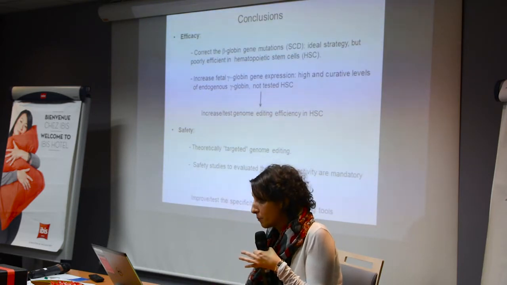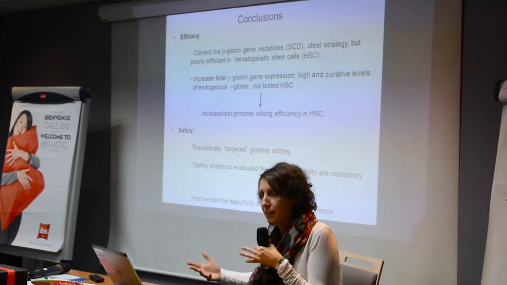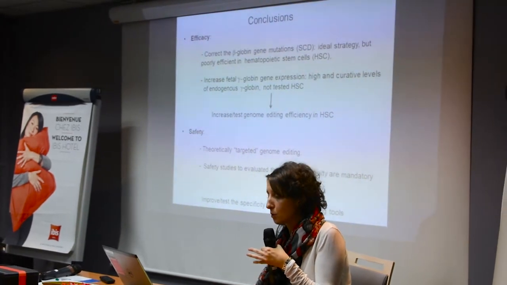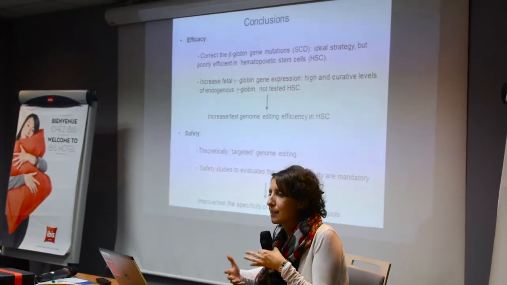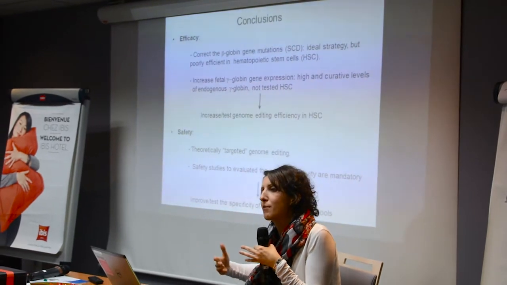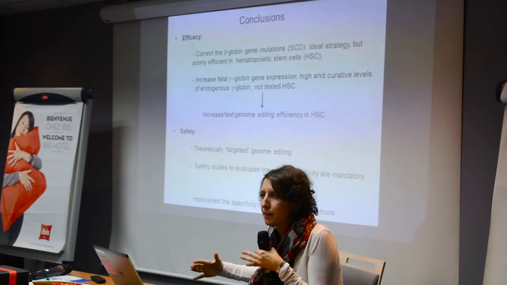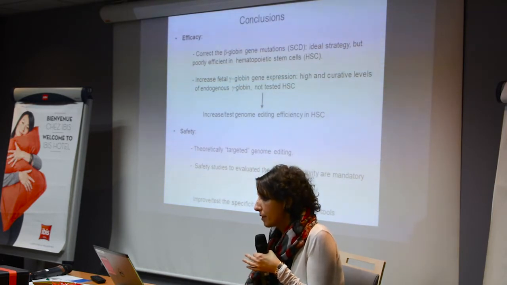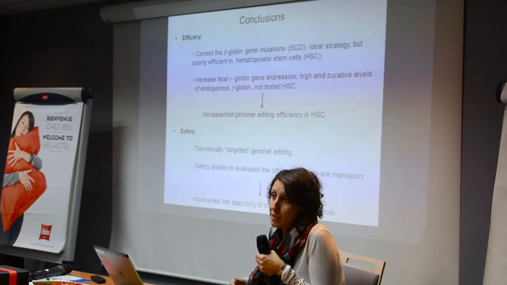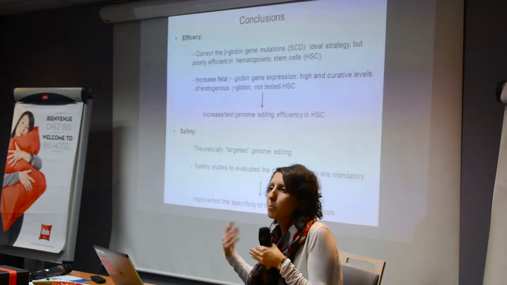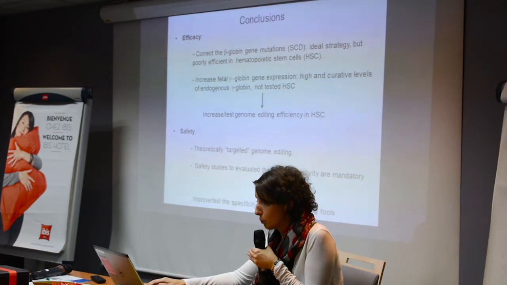So we have to evaluate the off-target activity of this genome editing tool, because this means that some of these genome editing tools can bind and then cut some unintended targets. And these are studies that have to be done, and if this is the case, we then have to improve the specificity of these tools.